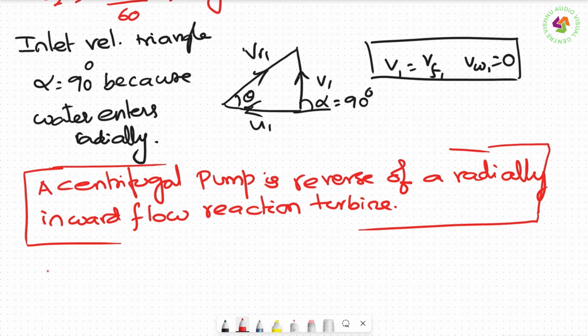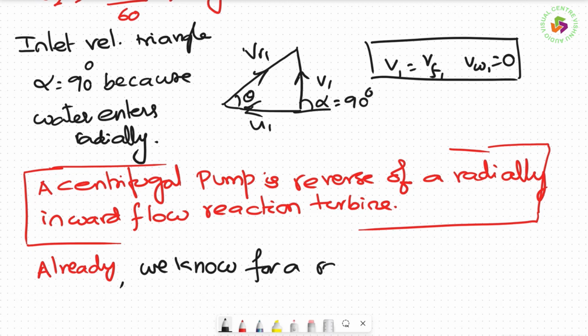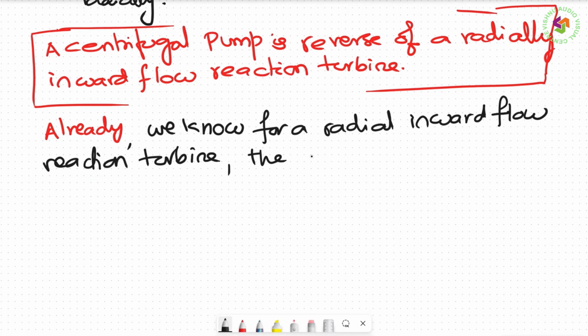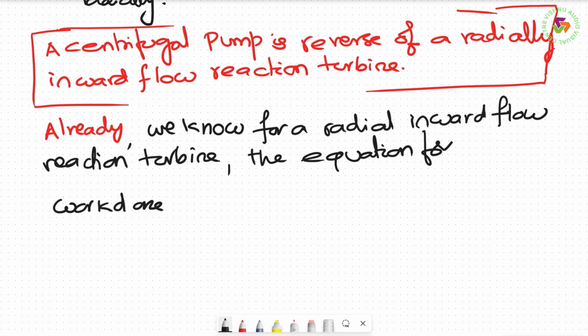Now, we already know for a radial inward flow reaction turbine the equation for work done by water on runner per unit weight of water.